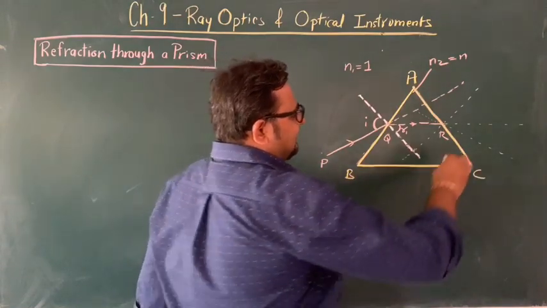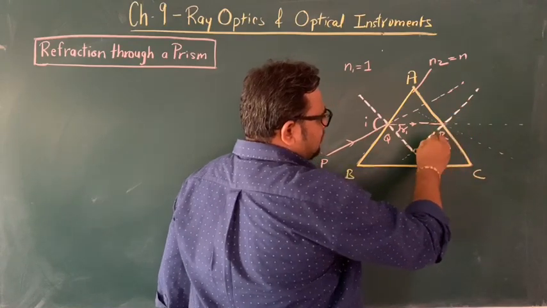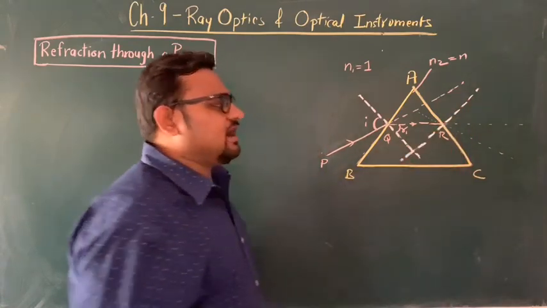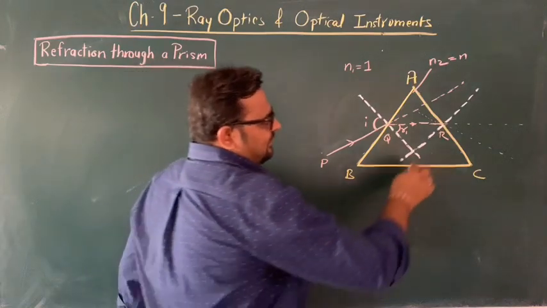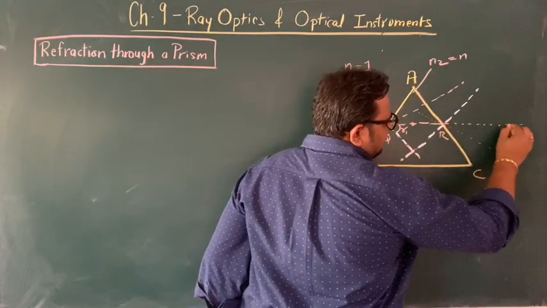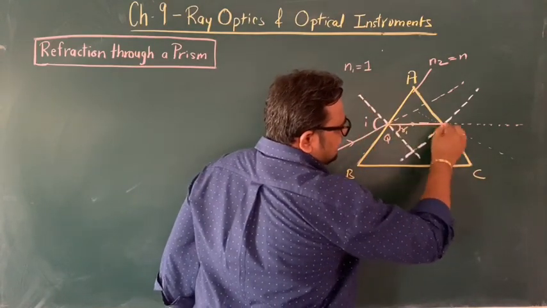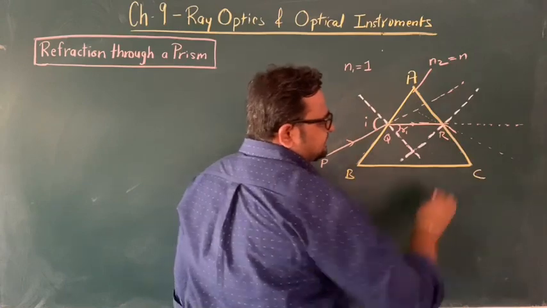So first, let us draw a normal. This is the normal at point R. So what will happen? It will bend away from the normal. This is the direction in which it was moving actually, and this is the emergent ray.